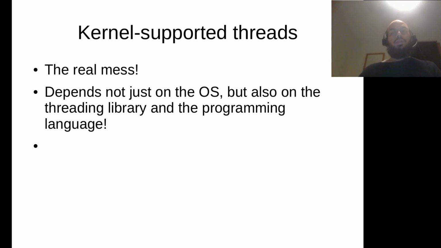What the kernel supported thread is doesn't just depend on the operating system, but also on the threading library and on the programming language. So it's something that tells you that these threads the kernel can schedule. Basically, they are user level threads that the kernel can schedule.